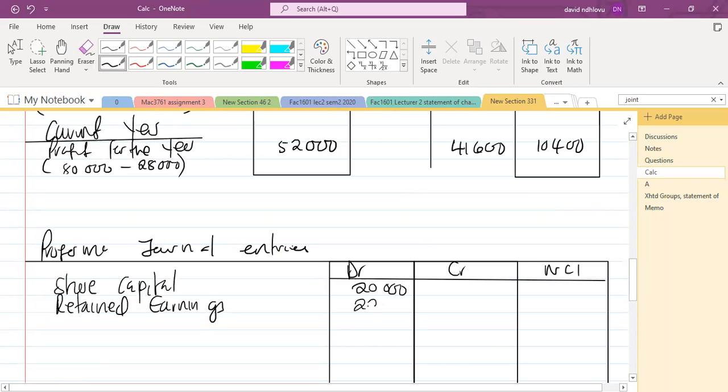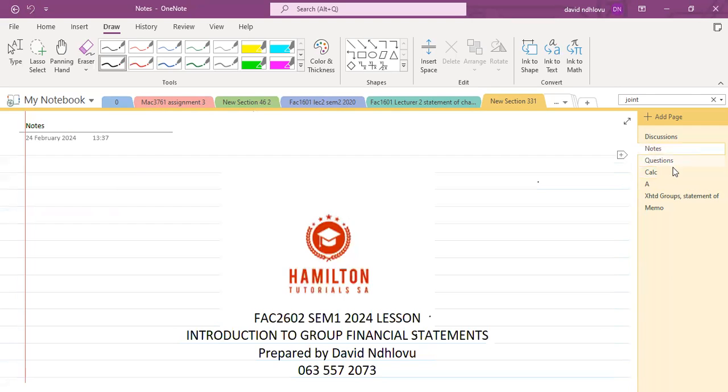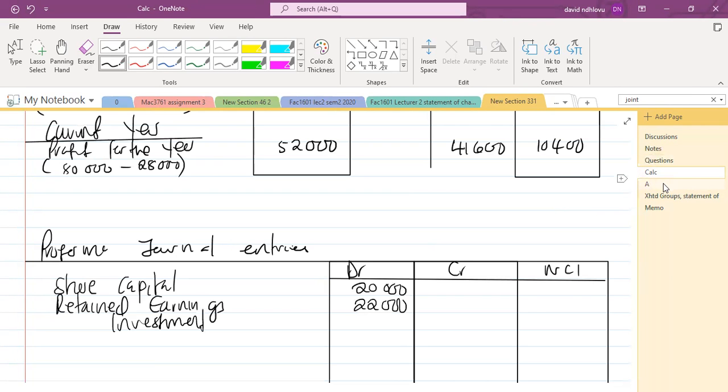So we eliminate the whole amount from the books. This will be eliminated against investment, which is an asset. Investment should be eliminated by crediting the investment. Remember, we said we paid 33,600.